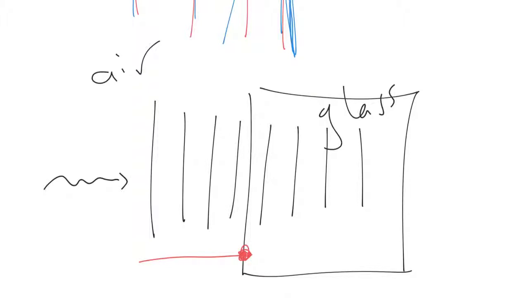Anyway, here's the string parallel here, fixed in place. Here's your string, your light that's coming along. It's going to have to bounce back in the opposite phase. Okay, I'm not representing that very nicely, but there we go. It's going to bounce back in opposite phase.